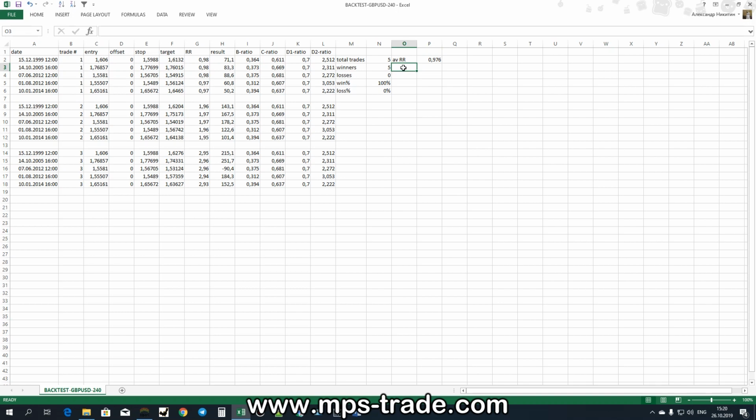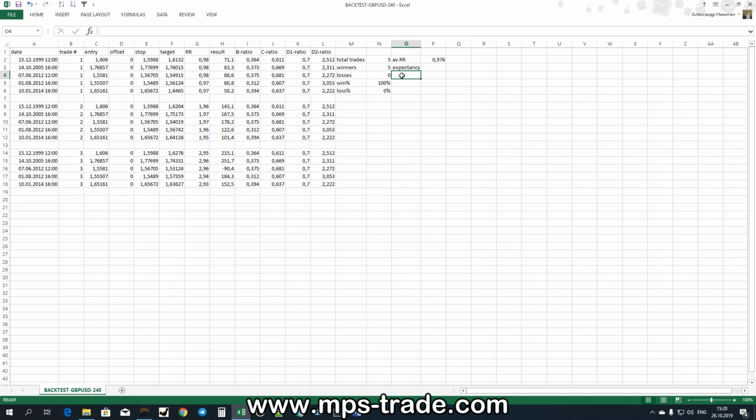And here we should calculate expectancy. Expectancy. Okay. Expectancy. And it is calculated this way. Risk to reward multiplied by probability of win minus probability of loss.